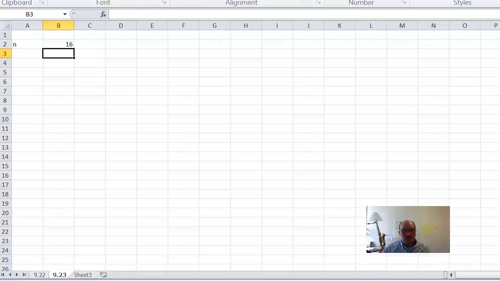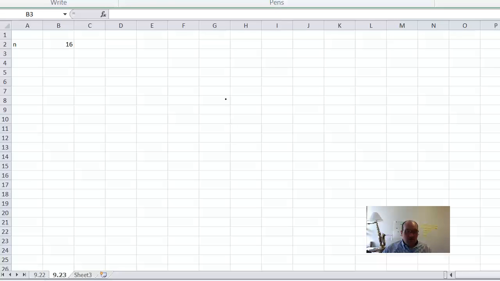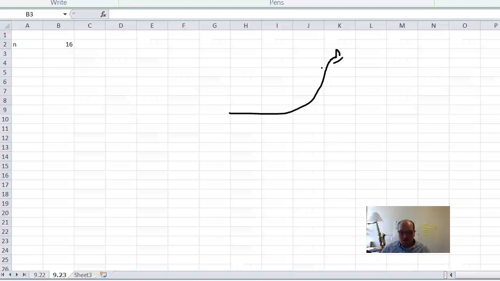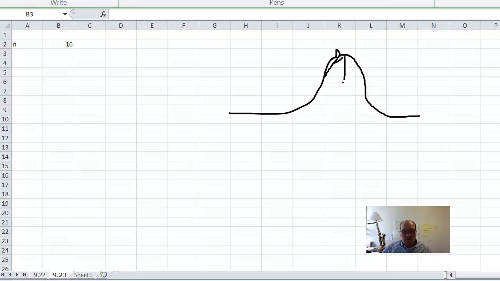Before we go a lot further, let's draw what this looks like. So here's our distribution, and our mean is, well, what does that mean? The mean of 600, it says that.